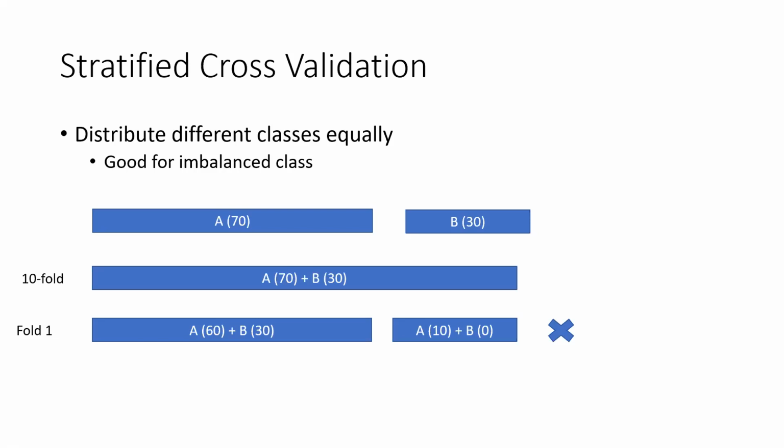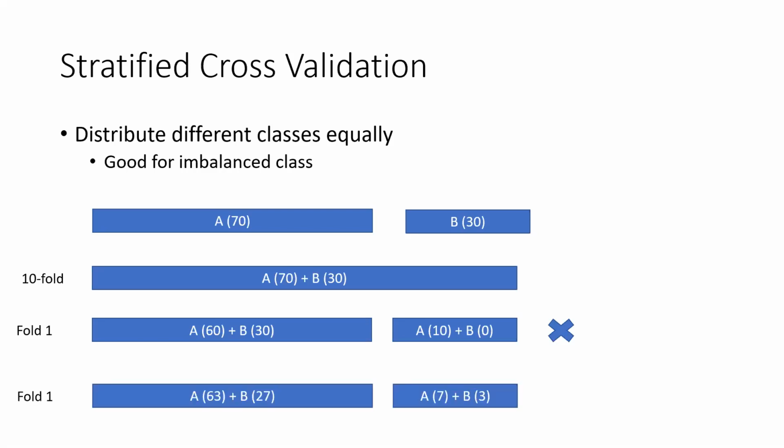So then we enforce this thing called stratified cross validation, where when we create these training samples, we make sure that they are equally distributed in the training and test set. So what I would do is recreate this fold one such that I have 90% of samples from A, which is 63, and 90% of samples from B, which is 27.